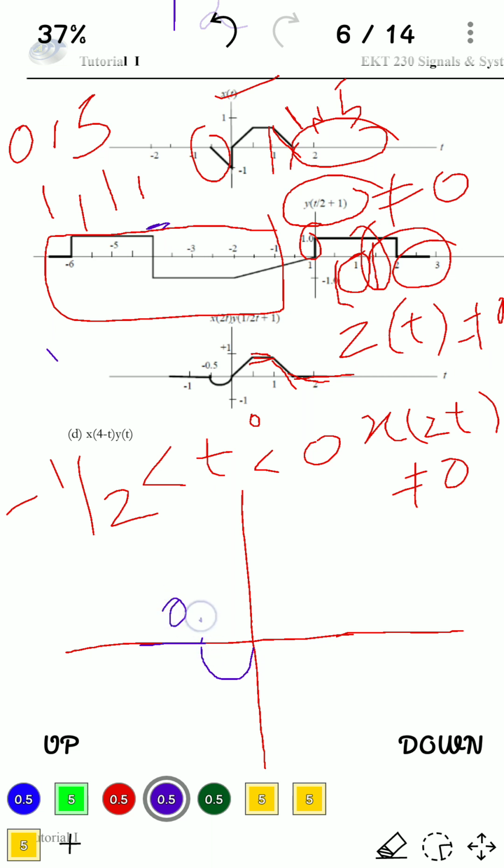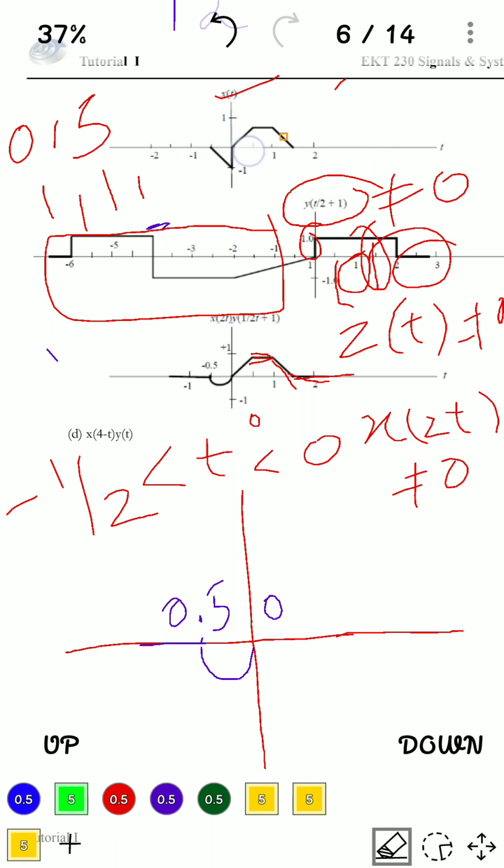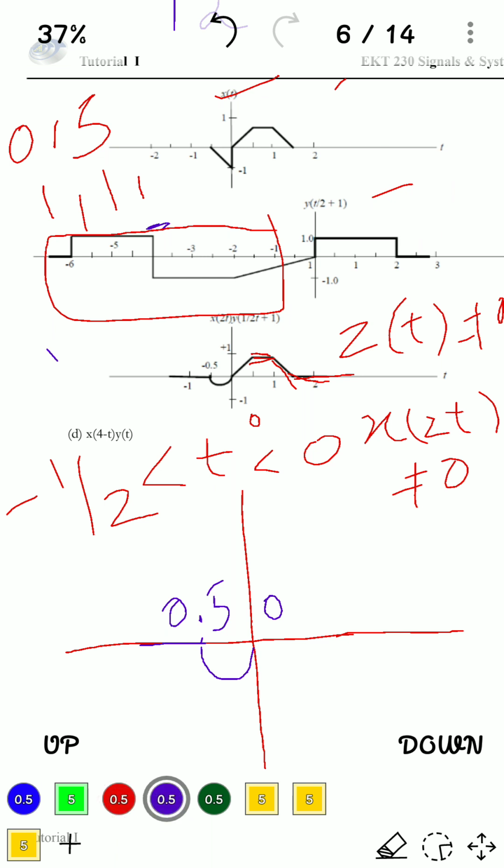So this is 0.5, and then here it is 0, right? Now coming on to here, 1. Let me consider this particular point now. See, the red one only, you can see that 0 is only 0.